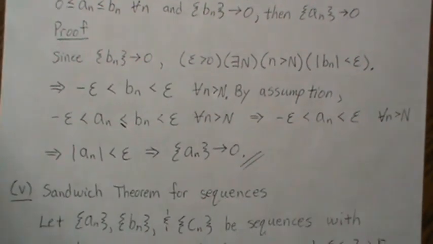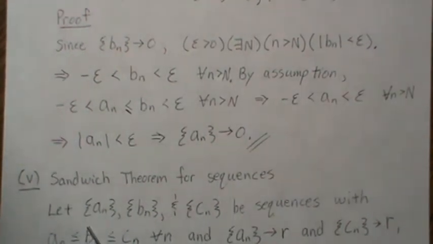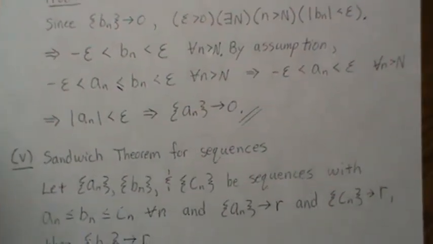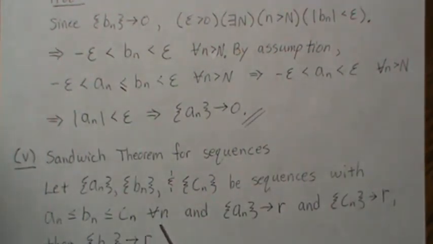Well, that implies that a_n converges to 0. Now, the main result for this video is the sandwich theorem for sequences. And that's if we have 3 sequences with this inequality, a_n less than or equal to b_n less than or equal to c_n, and that's for all n.